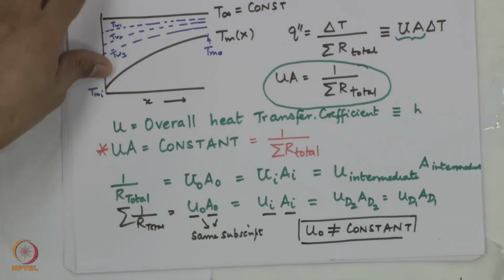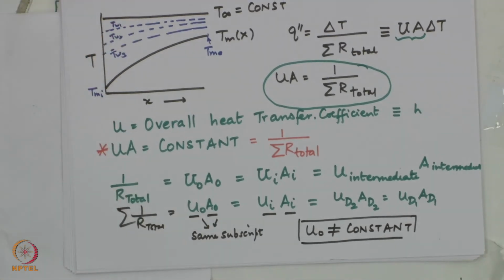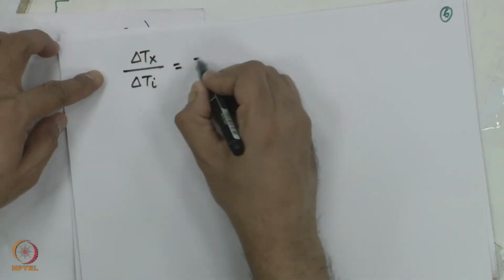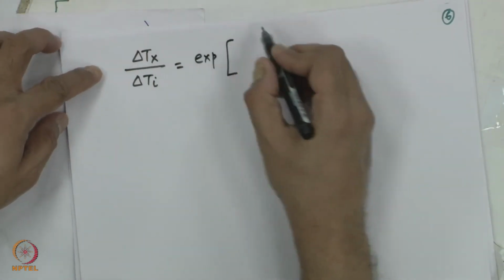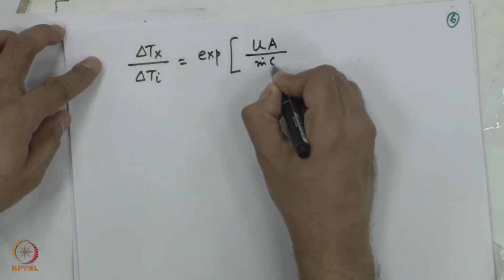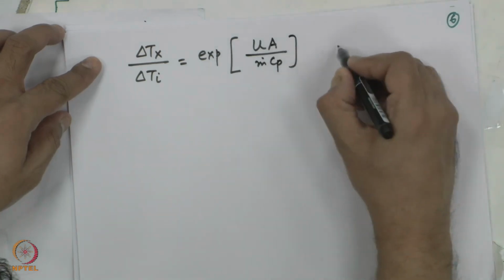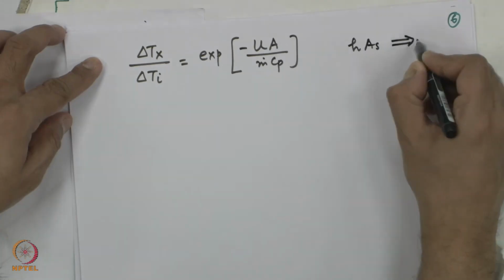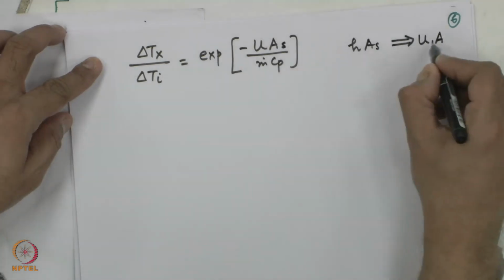Okay. So, from this what can we say? We can say that this quantity which we have defined, which is h times P dx, so this delta T local divided by delta T inlet is nothing but h into As, which can be replaced as U times A divided by m dot Cp, where h times As is being replaced by U times surface area.